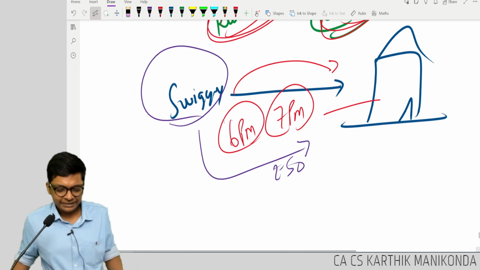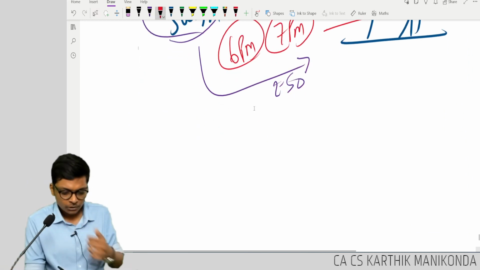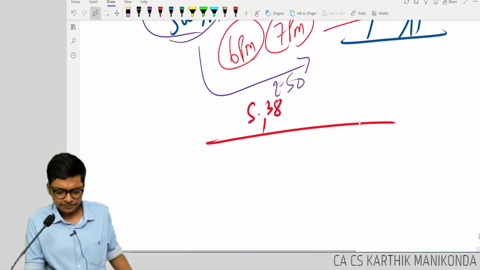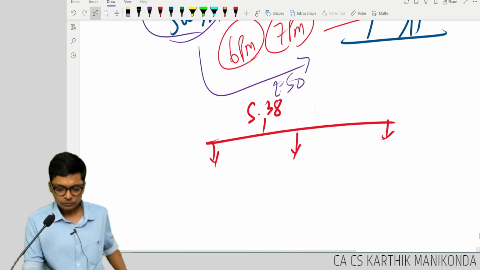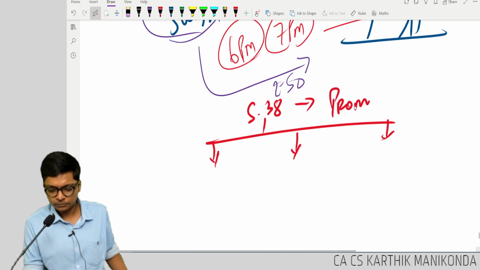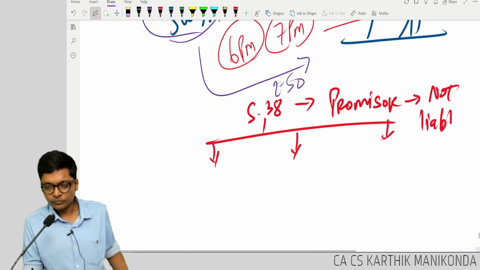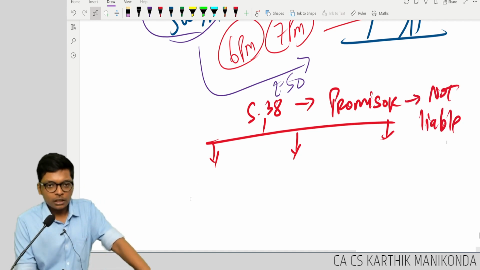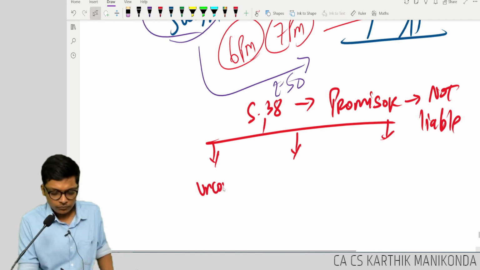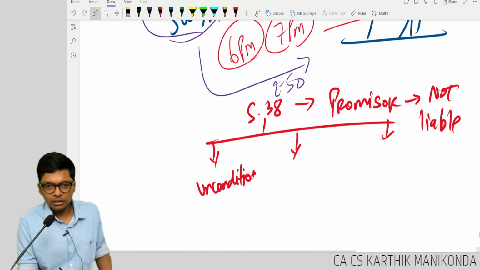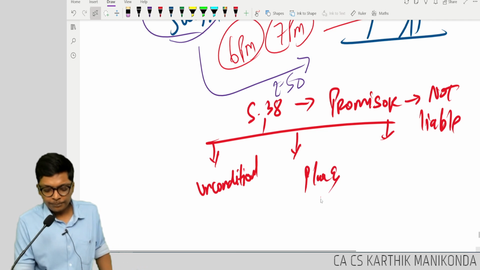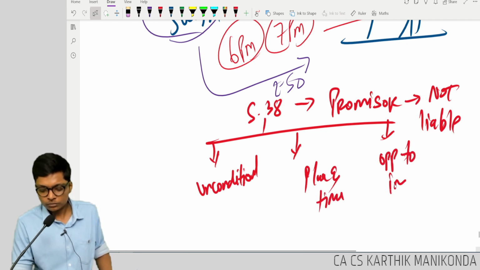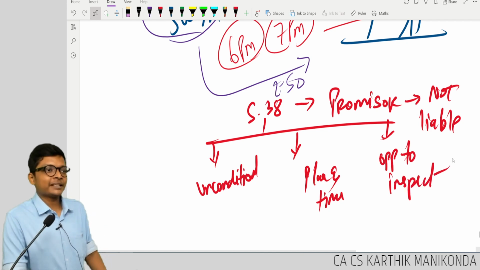So section 38 says, the promisor is not liable if the performance is unconditional, done at proper place and time, and there is opportunity to inspect the goods.